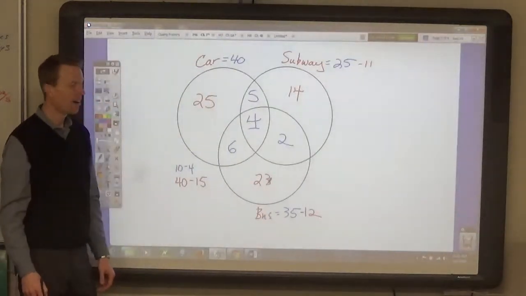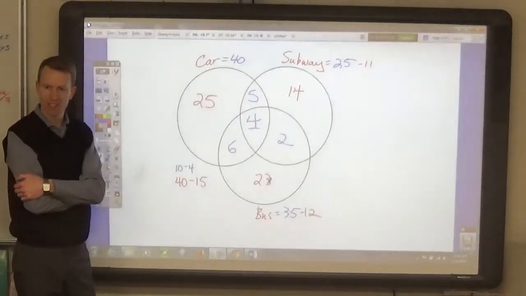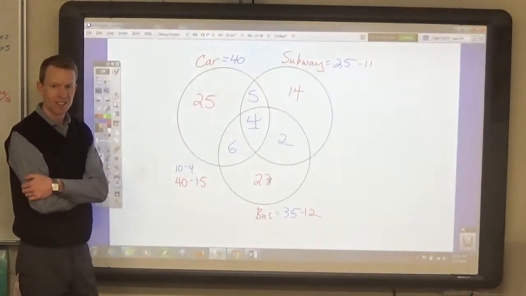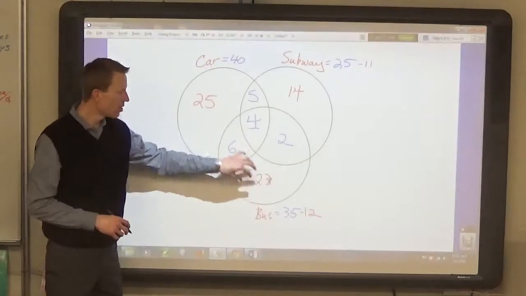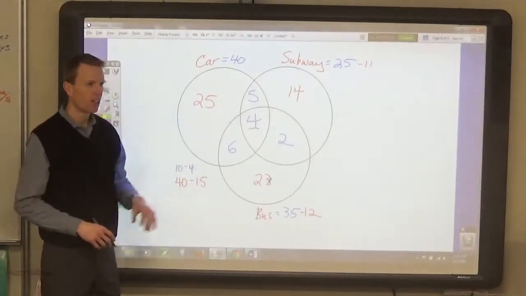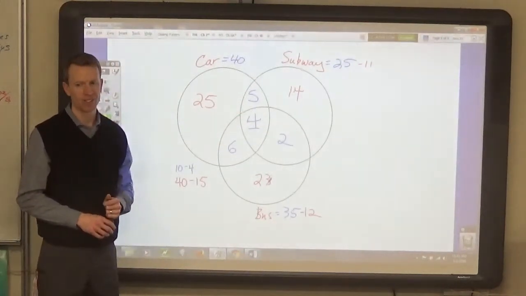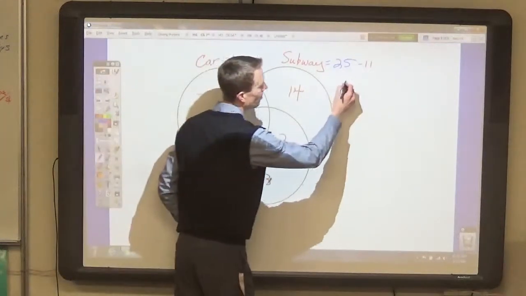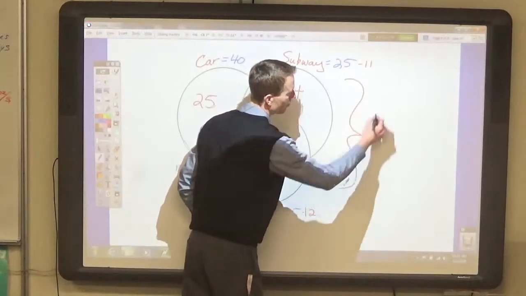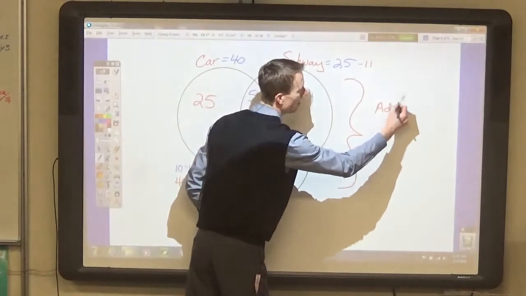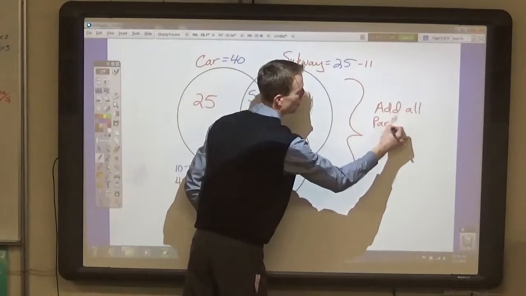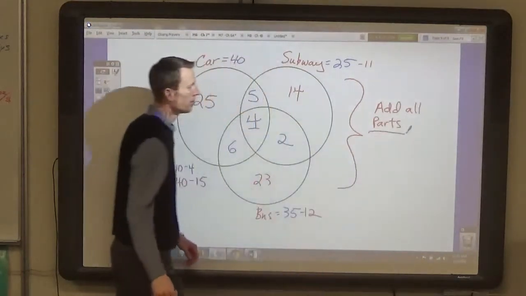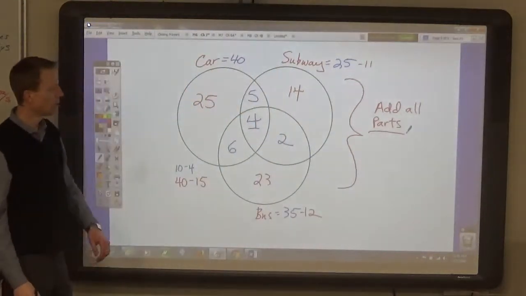Now, how many total people in the survey? Now what do we have to do? We know each of the individual parts. That's what we have to add up, right? You have to add the total. Add all parts. Okay? Add up all the parts.